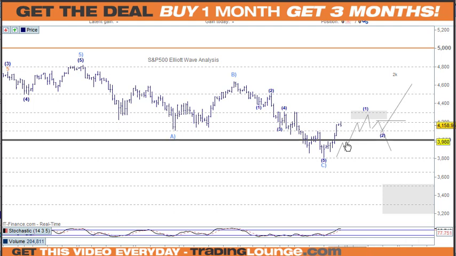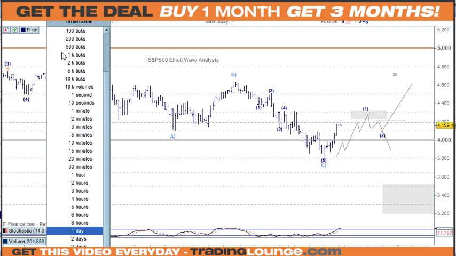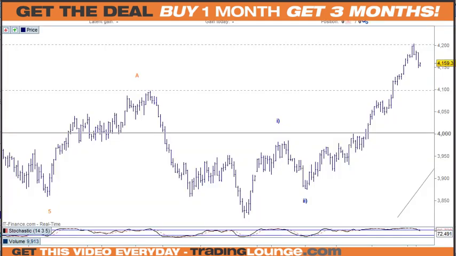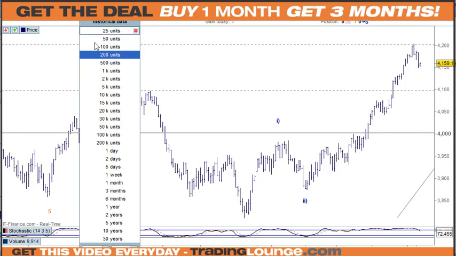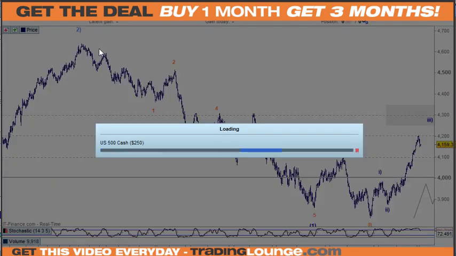Now the other count would see this low here as a low, and then look at this as an A wave, a B wave, and a C wave here. If we have a look at that on this 10K tick chart, it will give you an idea of the bearish market that we're in. So I'll need to bring in some more data here.